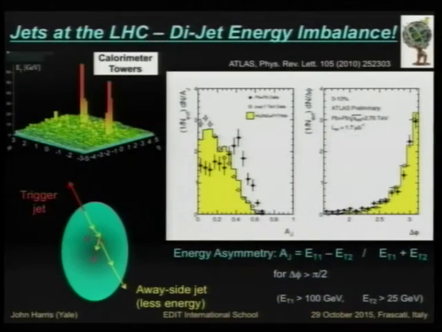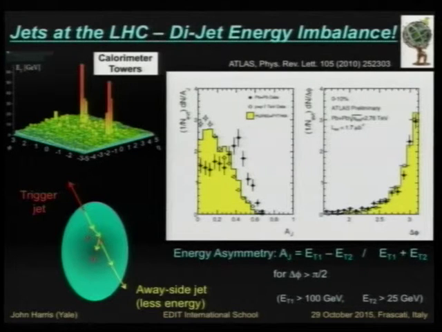So what they've done, both at ATLAS and CMS, ATLAS was first to come out with this, is plot the energy asymmetry between the highest energy jet in the event and the next to highest energy jet. They've required that those be in opposite hemispheres in phi. So they take that difference over the sum of those two jet energies.